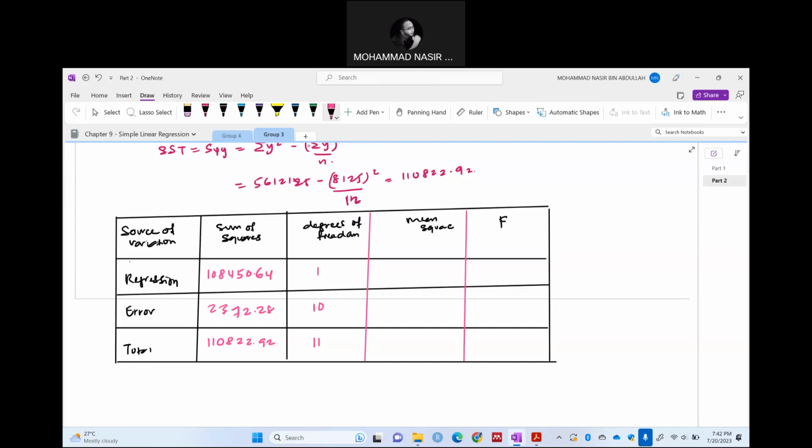Mean square regression, just divide by 1, 108450.64. Mean square error is 237.228. And F value should be 457.1578. Okay.